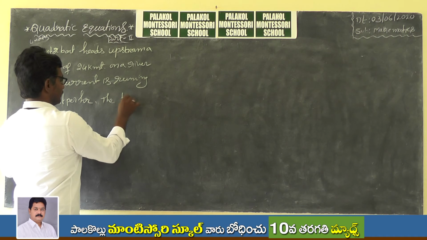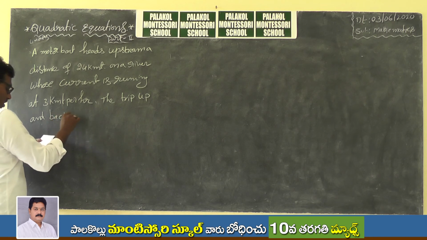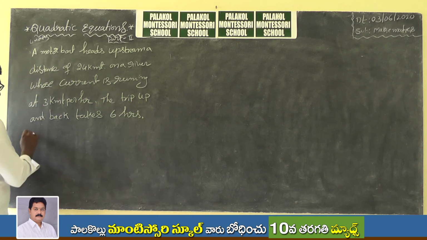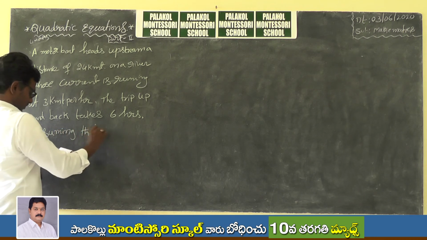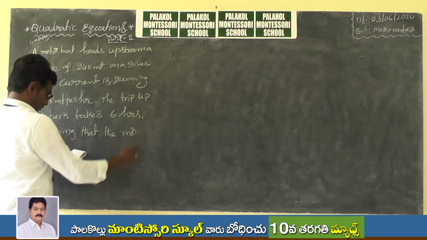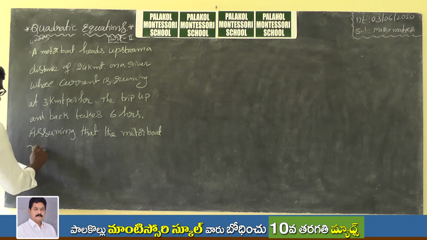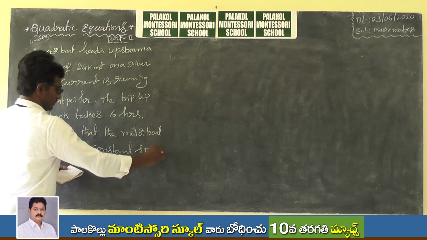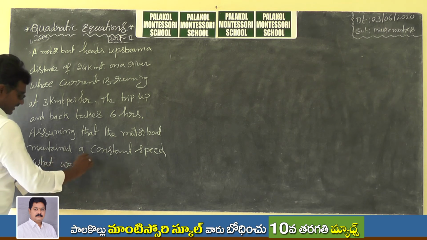The trip up and back takes 6 hours. Assuming that the motor boat maintains a constant speed, what was its speed?